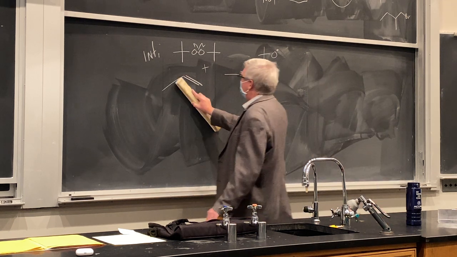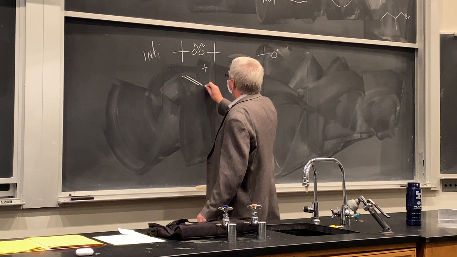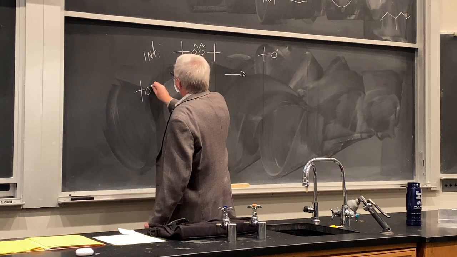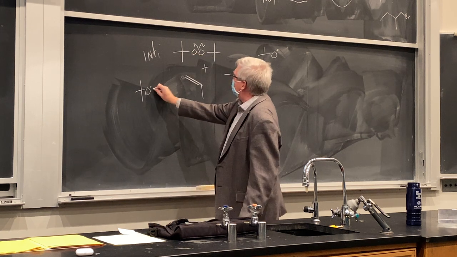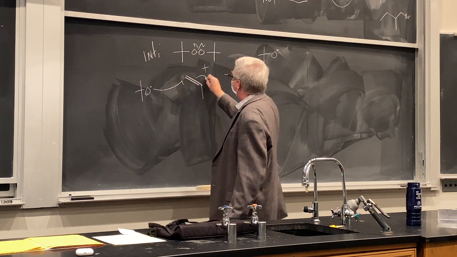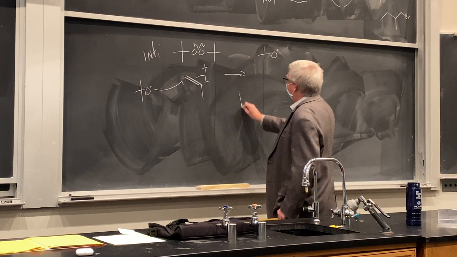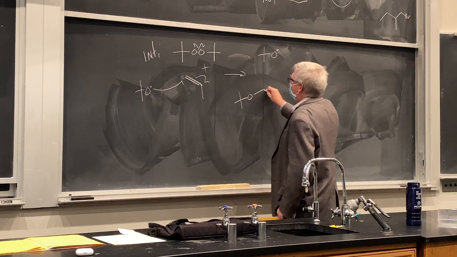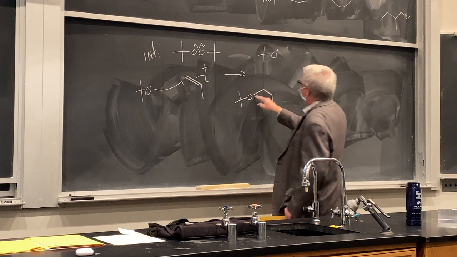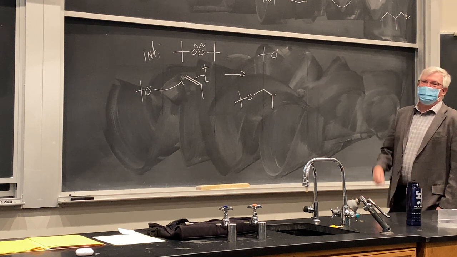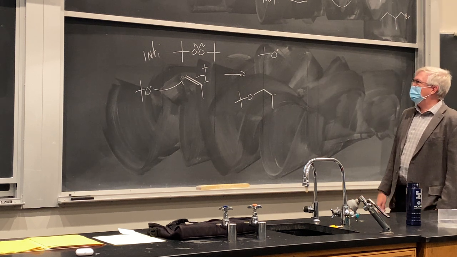What can occur? Let me draw this on the other side here. Well, you can take the oxygen radical and add it to the alkene. Well, what does that give us? Well, it gives us an ether, right? It makes a carbon-oxygen bond. So we're doing an addition, just like bromine did an addition before.